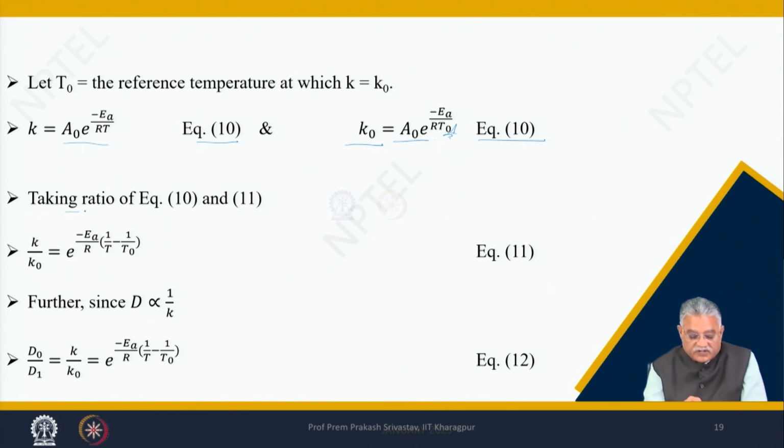Let us take the ratio of equations 10 and 11, that will reduce to k by k0 is equal to e to the power minus Ea divided by R into (1 by T minus 1 by T0). Further, since D is proportional to 1 by k, this will reduce to D0 by D1, that is equal to k by k0, that is equal to e to the power minus Ea divided by R into (1 by T minus 1 by T0).